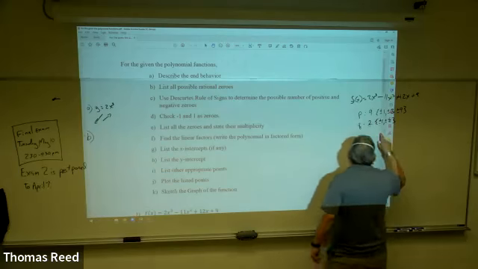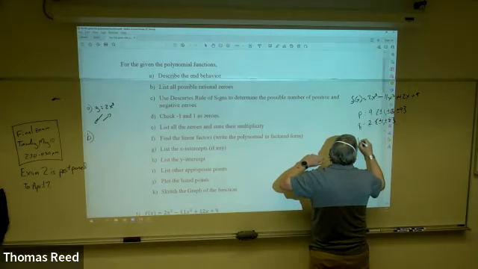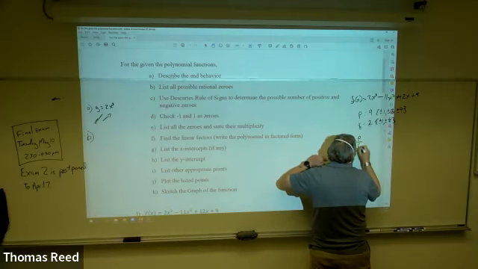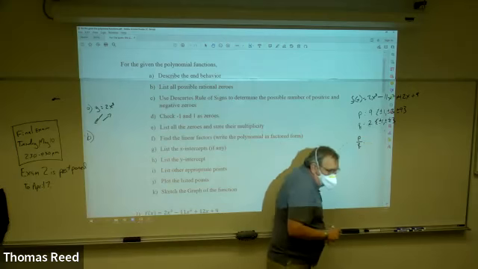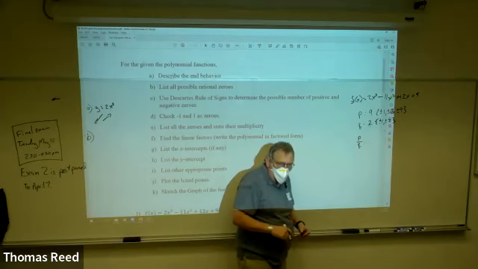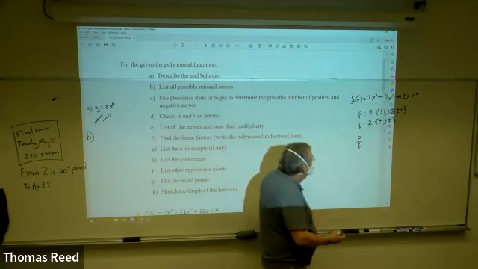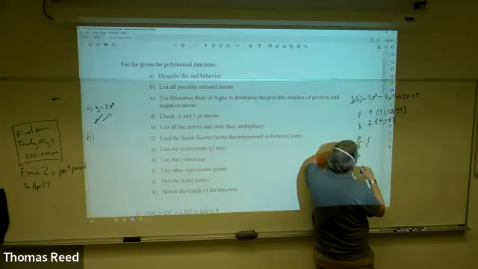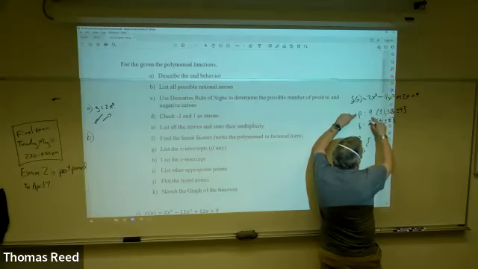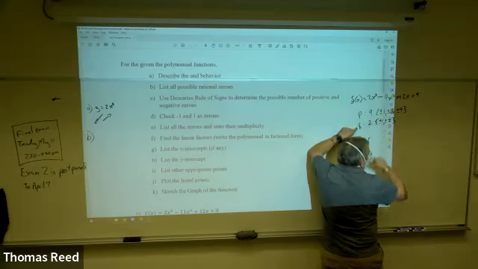Now, the possible rational zeros are my p-values divided by my q-values in reduced form. So if you can reduce a fraction, you reduce it. That means I'm going to take each of these factors of 9 and divide them by the factors of the leading coefficient.